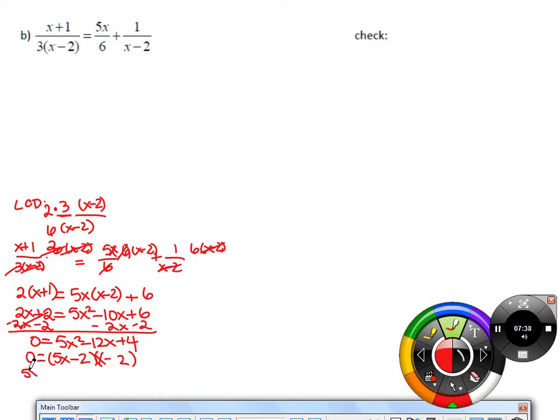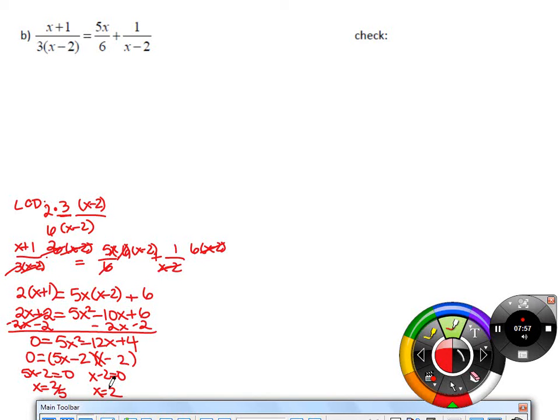And then we would set each of these factors equal to 0, and we would get solutions of 2/5 and 2. Now again, we can plug both of these back in and check, but I can see by looking at my original denominators what I was looking out for.